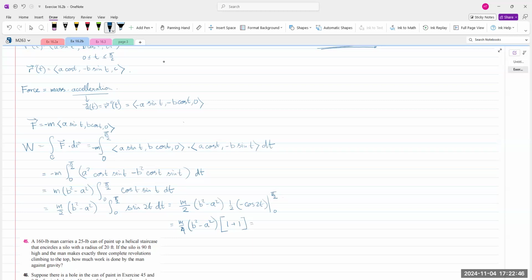So that's 2. Okay, so that will be the mass over 2 times b squared minus a squared. You know what? I factored the negative already, so this should be positive here. I'm sorry. It should be positive here, positive here, positive here. Okay. Yeah. So that's the amount of work.